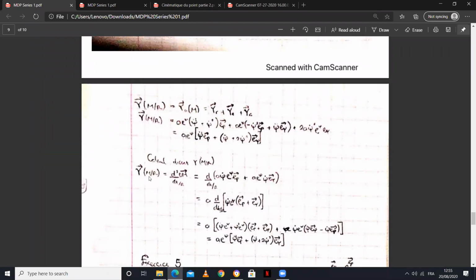So you derive it again, okay? And still dans R, you derive it par rapport au temps dans R. But then you have to take note of the fact that you have an expression written in le repère relatif R1, because you look at your expression there, you have E rho, you have E phi, et tout ça. Those are the vecteurs de base dans le repère relatif, and you're deriving now in the repère absolu. So you need to use la formule de Bour.